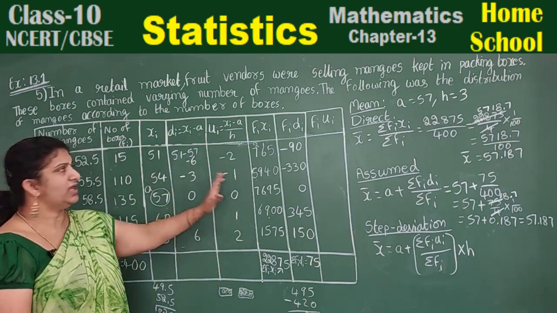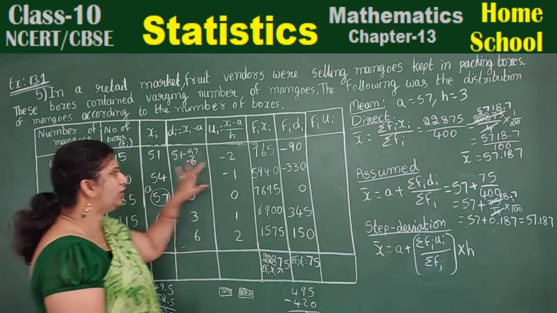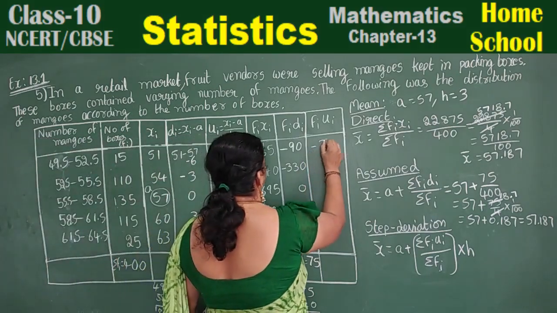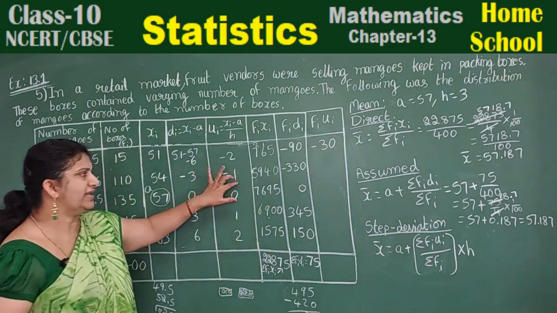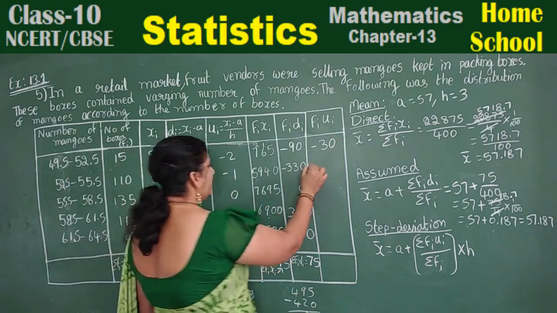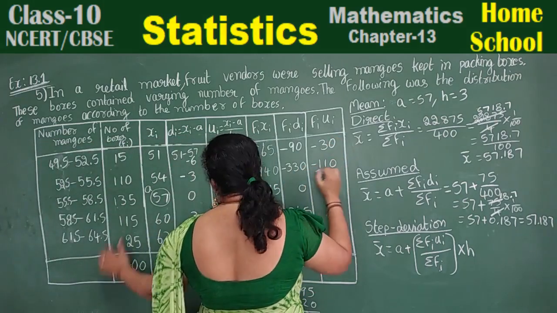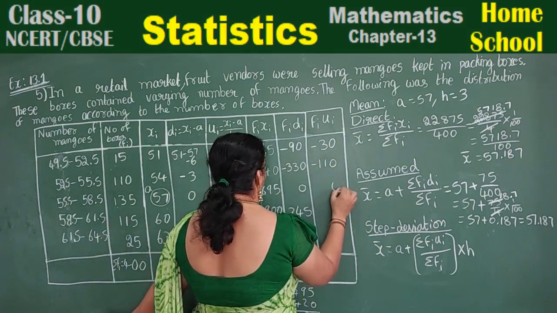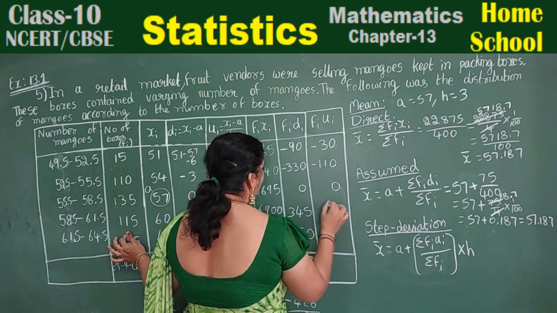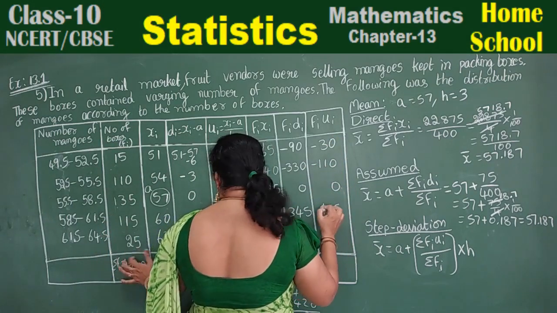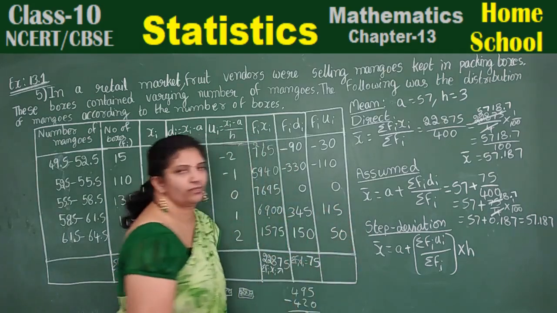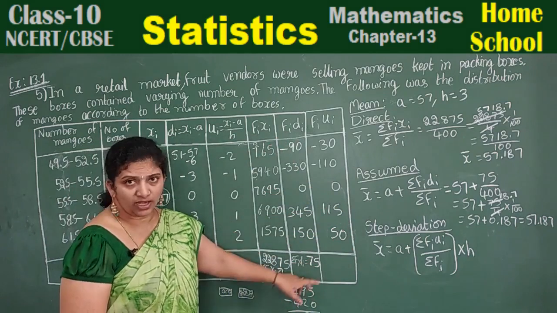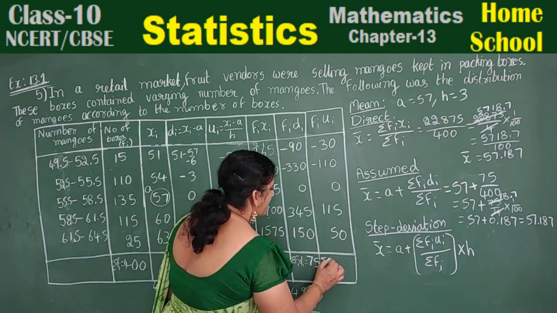Multiply fi ui. 15 into minus 2 is minus 30, and 110 into minus 1 is minus 110. 135 into 0, 0. 115 into 1, 115. 25 into 2 is 50. Now add this column and say summation fi ui.